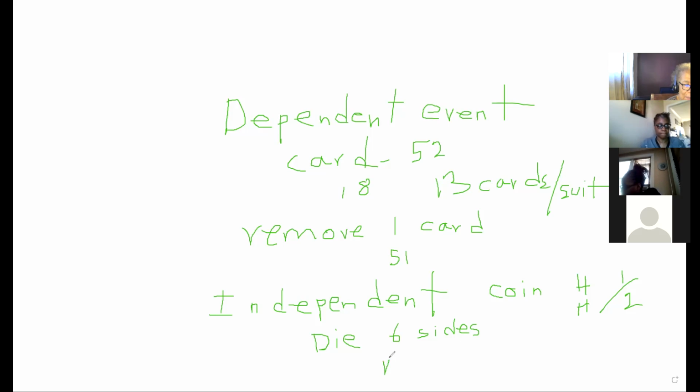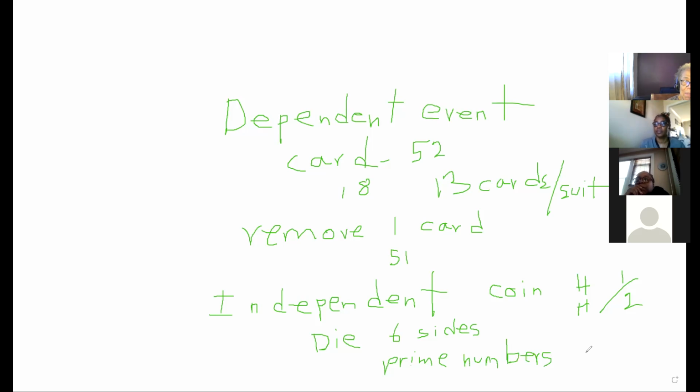You know what a prime number is, right? What's the probability of picking a prime number if you roll the die? From 1 through 6, Vanessa, what are the prime numbers? 1 is not a prime number. 3 and 5. What about 2?